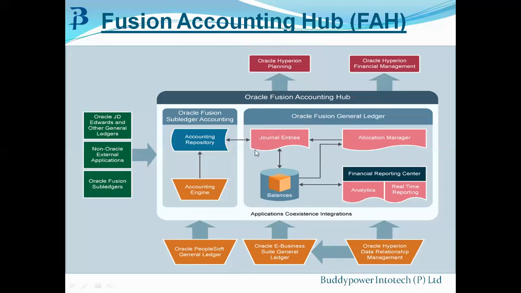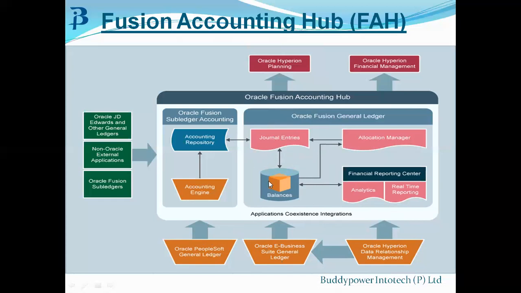And you can also drill down your financial data to your PeopleSoft general ledger and E-Business Suite, again through the data relationship. So you can see two arrows here, right? You can exchange information between your Fusion Accounting Hub and your E-Business Suite and PeopleSoft general ledger. That's an advantage which Oracle Fusion Hub has.